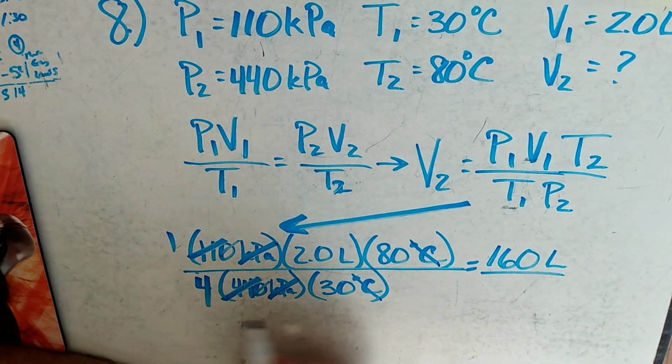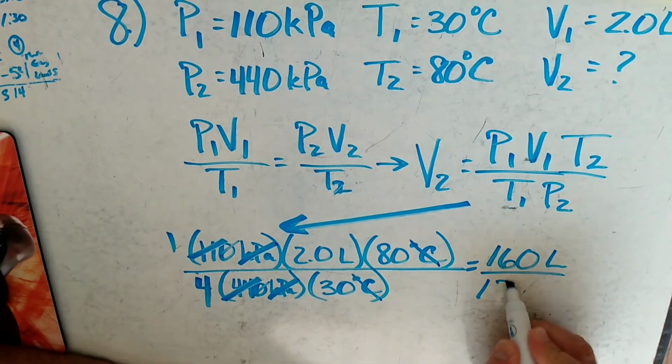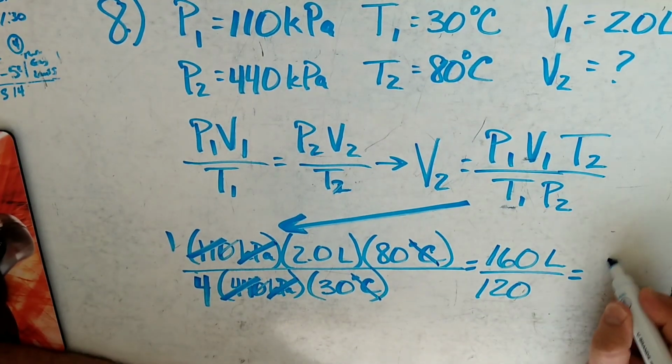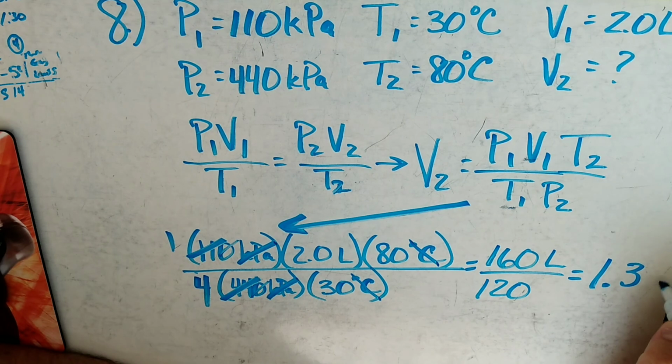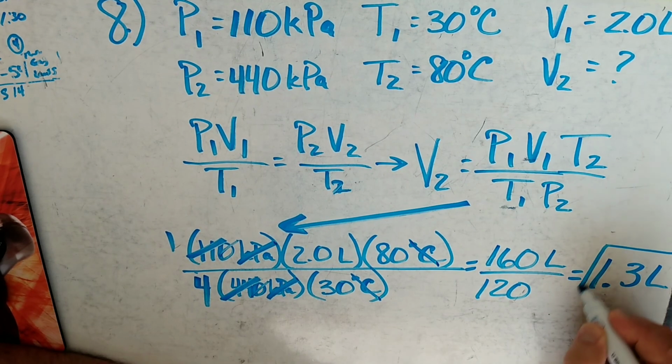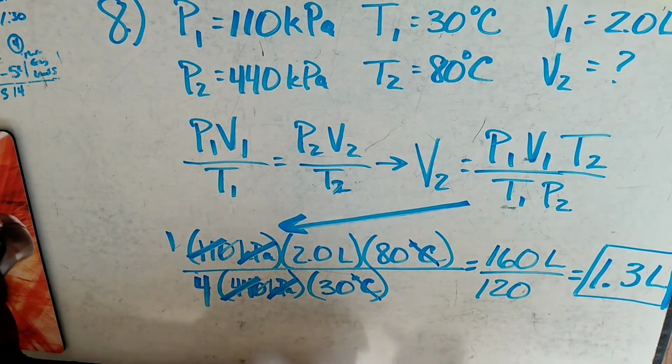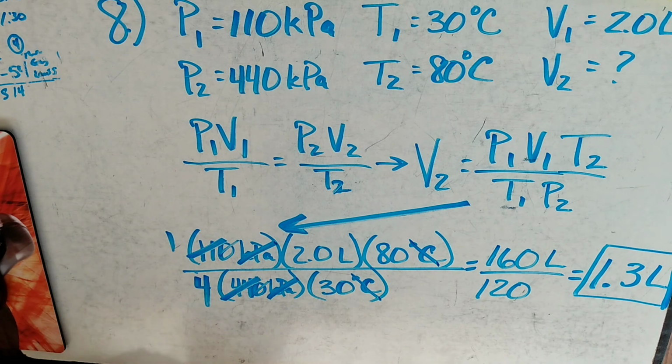All divided by 4 times 30, 120. And once we crunch this into the calculator, 1.3 liters is what we end up getting for our second volume. And so that's how you end up doing problem number 8 using the combined gas law.